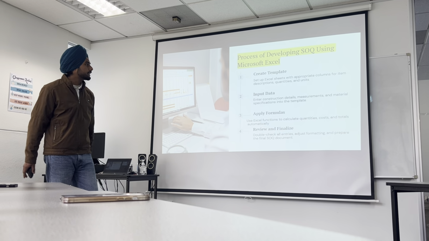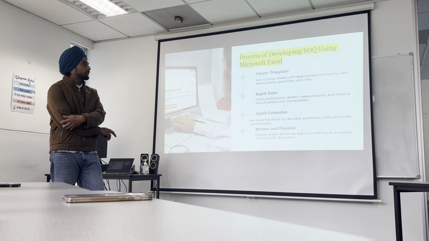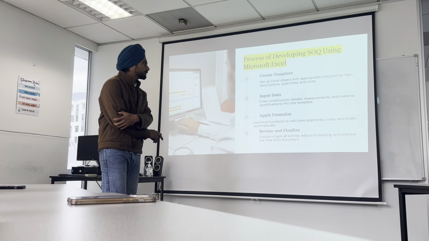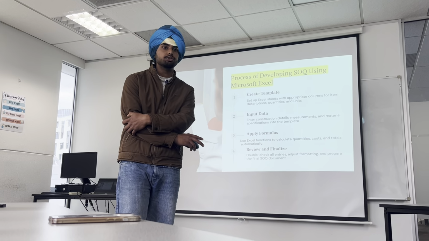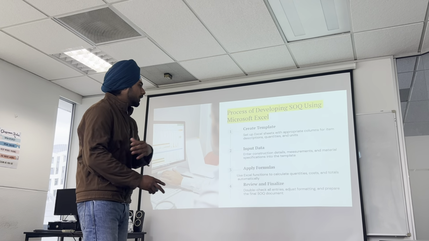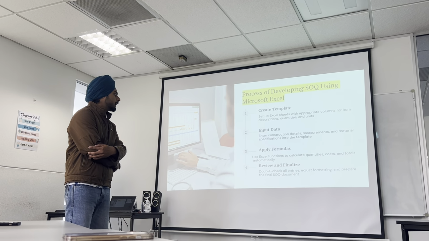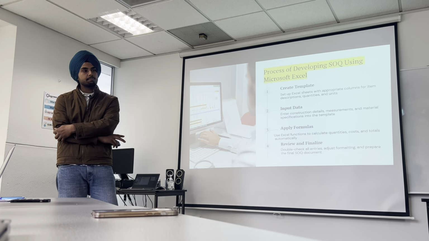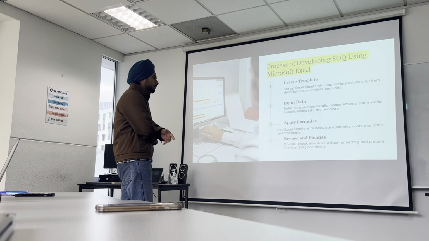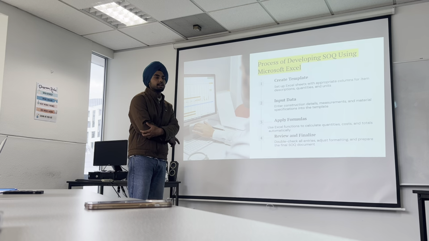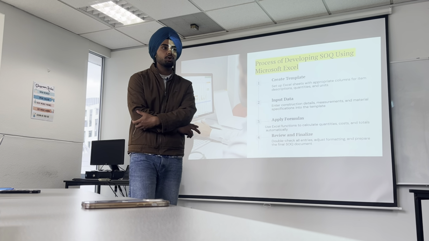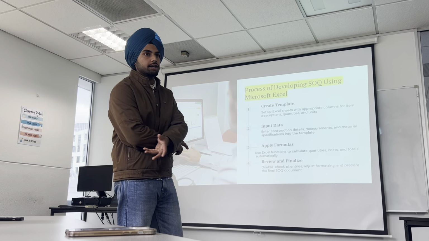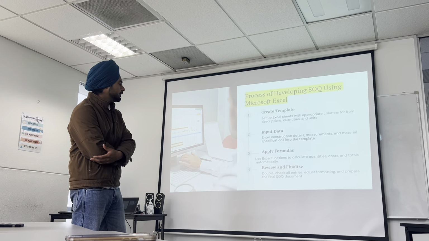So we have to create a template, set up Excel sheets with appropriate columns for item description, quantities, and units which we have to use in our construction project. Input all the data: enter construction details, measurements, and materials specification into the template. Apply formulas. There are basic formulas which we have to apply for an easier schedule.